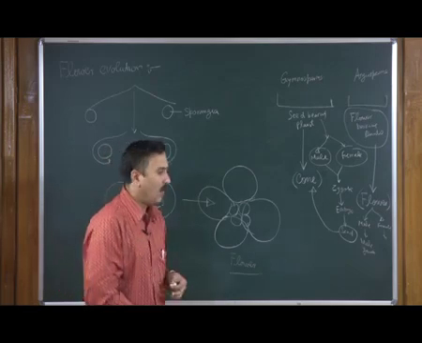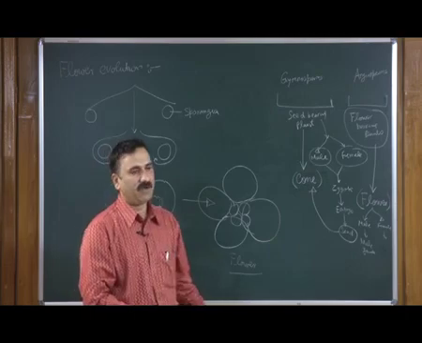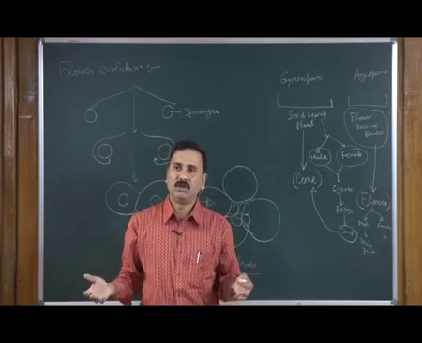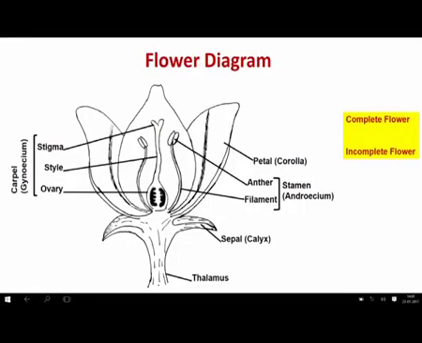So, let us see how the different plant parts, the flower parts, are arranged on the flower. As you can see on the PowerPoint slide, you can see the structure of a flower. A typical flower consists of four whorls, meaning four circles in which the flower parts are arranged. What are these four parts?